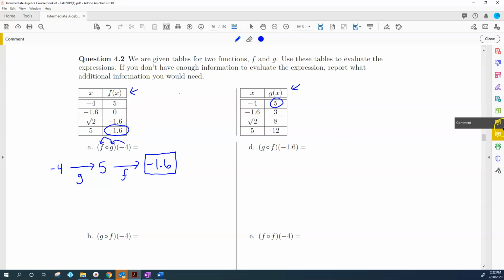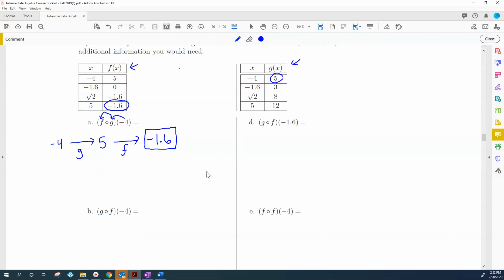Okay, so now I want you to use these same tables, but do this part B. So now do it the other way. Do g of f of -4 and see what you come up with there. I'm going to erase some of the stuff that I put up here.